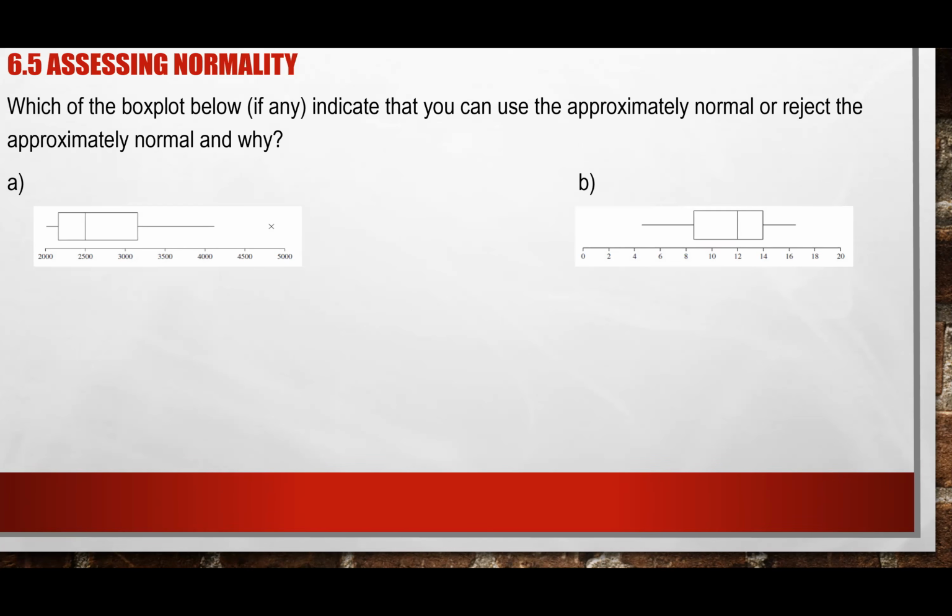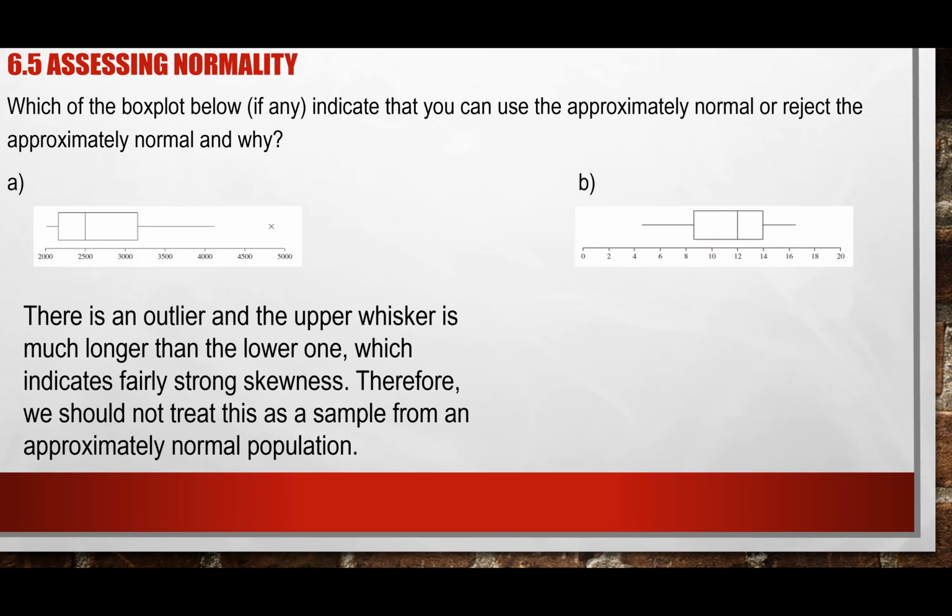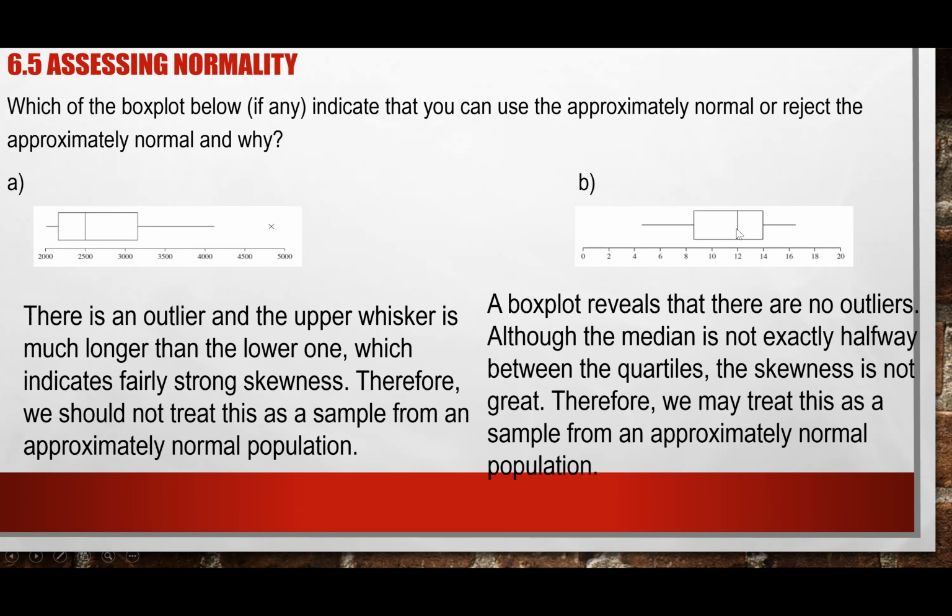If you look at these two graphs, in graph A we cannot use the normal approximation because there's an outlier, there's an X here. Because there's an outlier that does not fit the description, as long as there's an outlier, we cannot use it. As long as you have some skewness, meaning a bunch of data on one side and not scattered out, then we cannot use it. Over here, we don't have an outlier, so that's good.